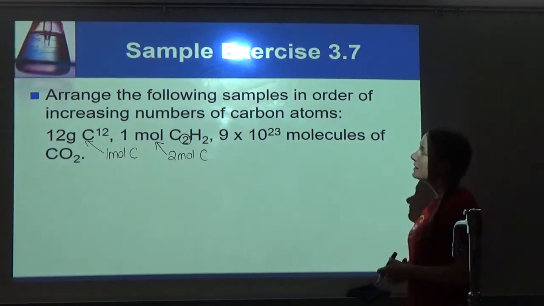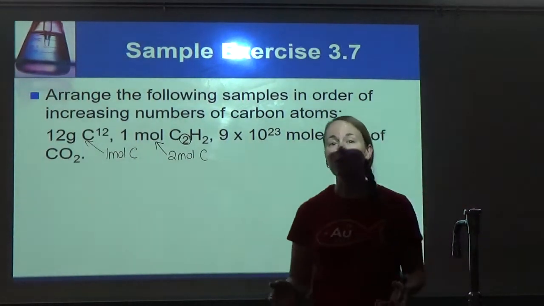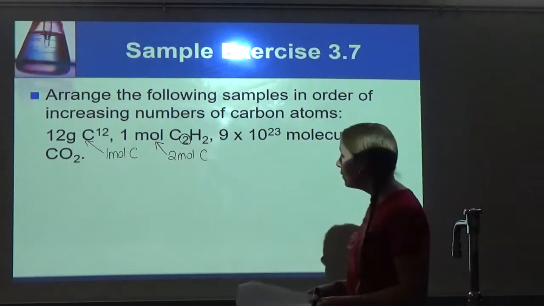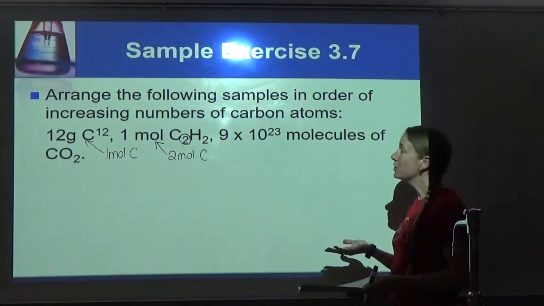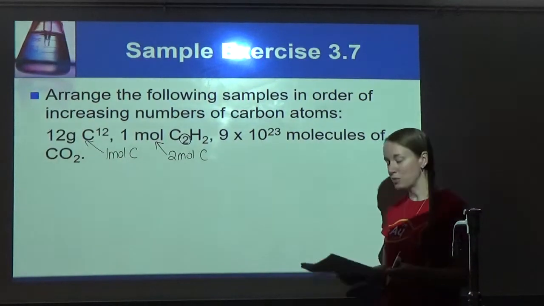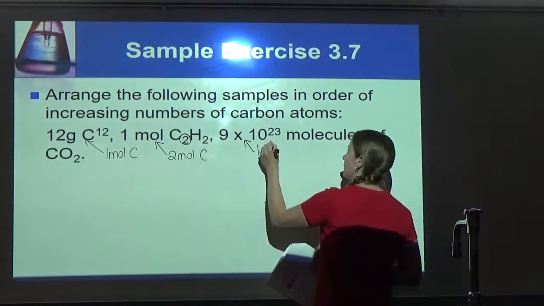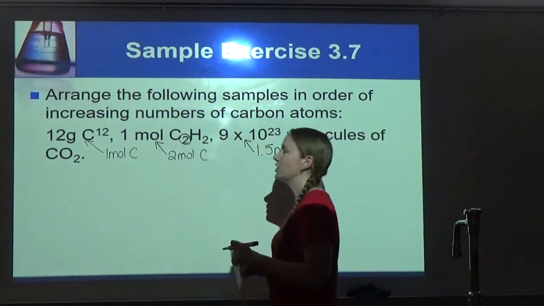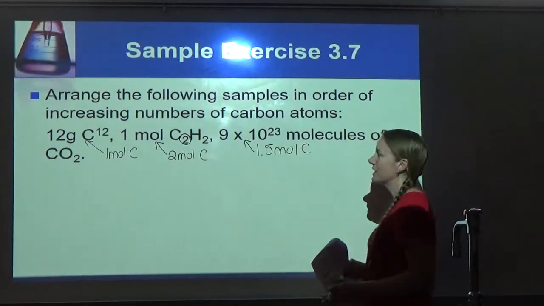Then it says 9 times 10 to the 23 molecules of CO2. Well, I know that 1 mole is 6.02 times 10 to the 23 molecules, and so 9 times 10 to the 23 molecules is about 1.5 moles. Because it's just CO2, I don't need to multiply by a subscript.